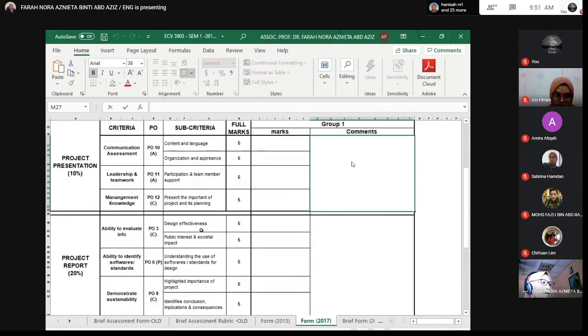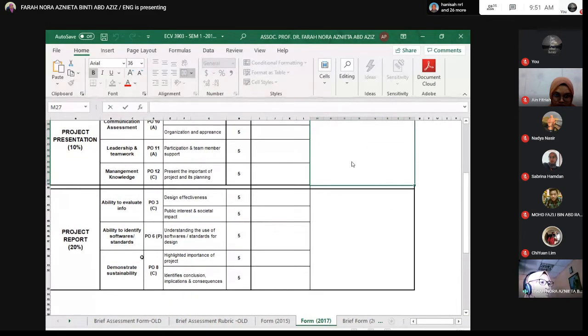Okay. On the report, there are three things that we will evaluate at this stage, which is the ability to evaluate information. So here we are assessing the effectiveness of you using all the information that you get, and how you put in your consideration the public interest and social impact.